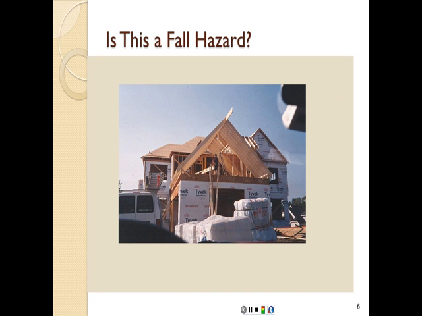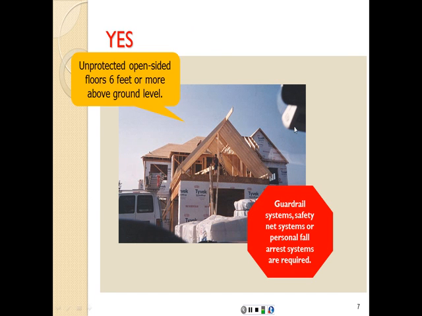A third example here, also on residential construction, we have someone working on the 2nd level floor with an open edge around them, and it doesn't seem that they have any fall protection whatsoever. So here again, unprotected open-sided floor 6 feet or more above ground level.